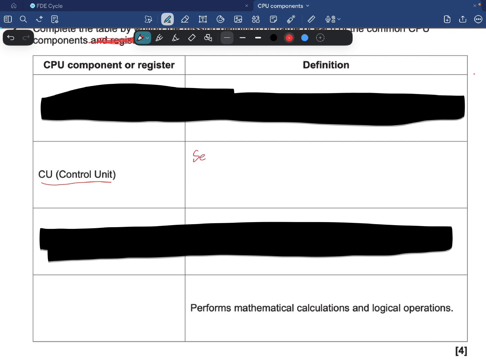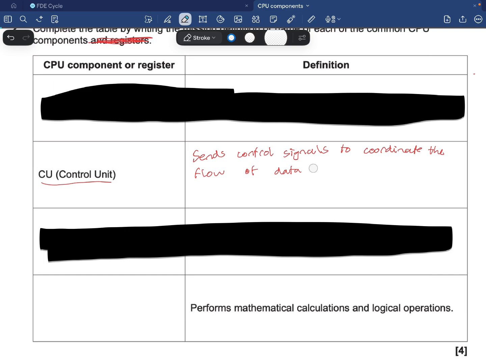We said that it sends control signals to coordinate the flow of data and instructions.